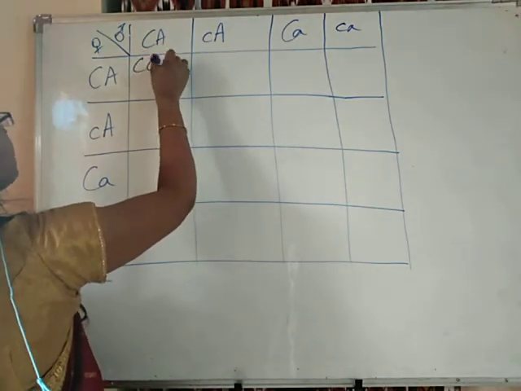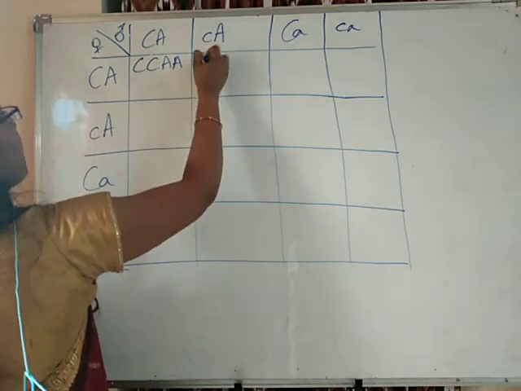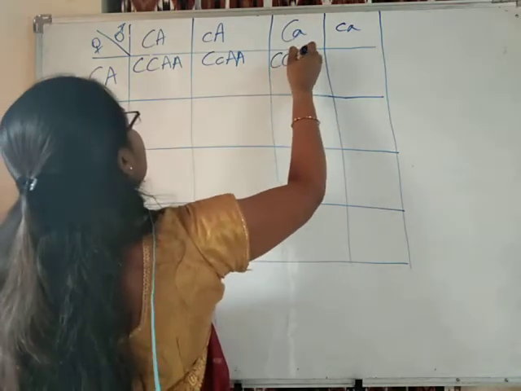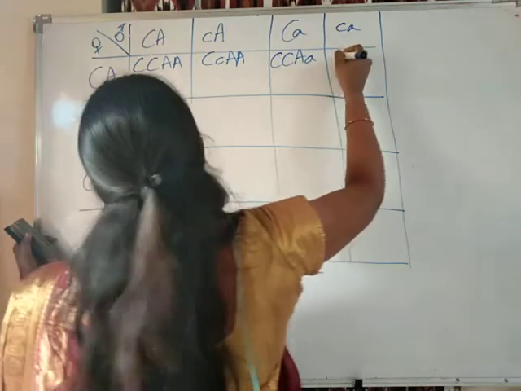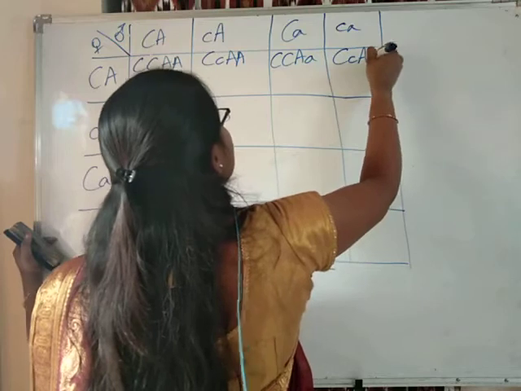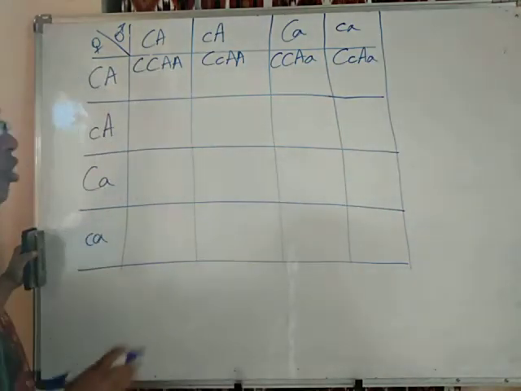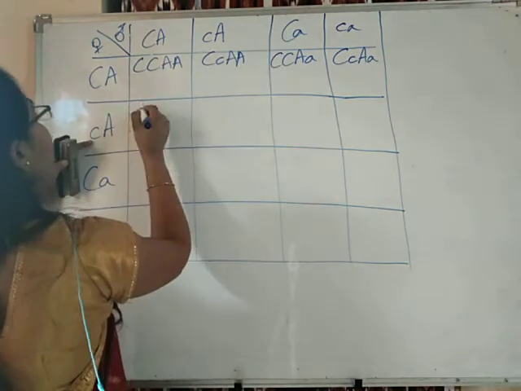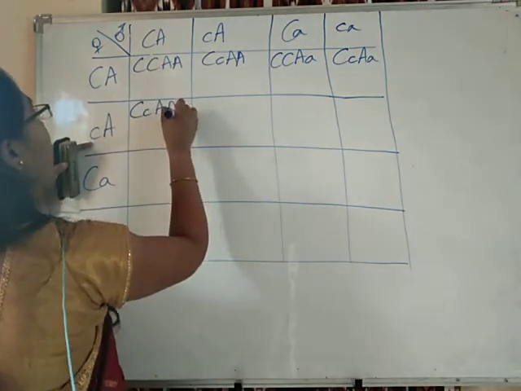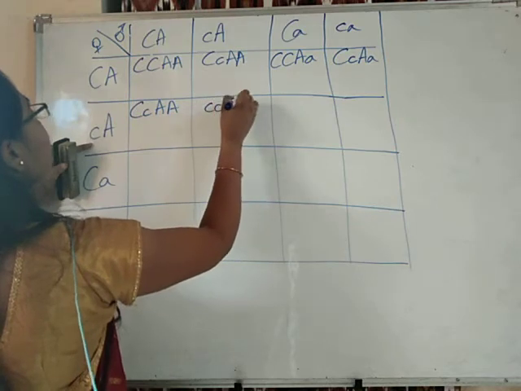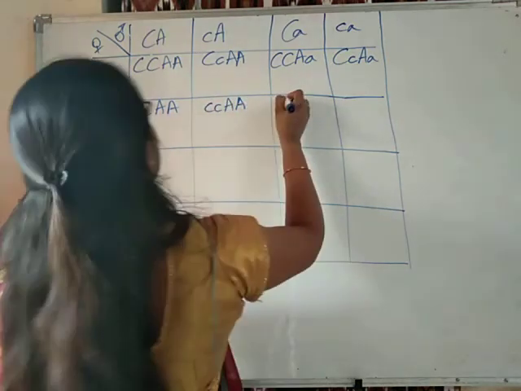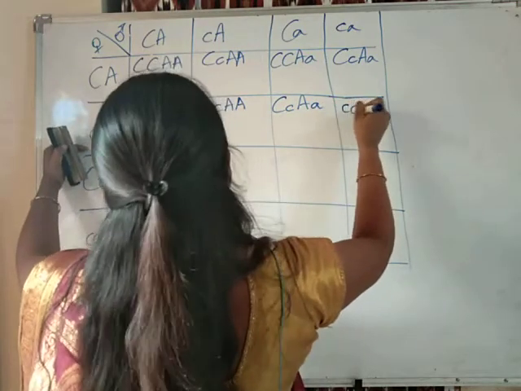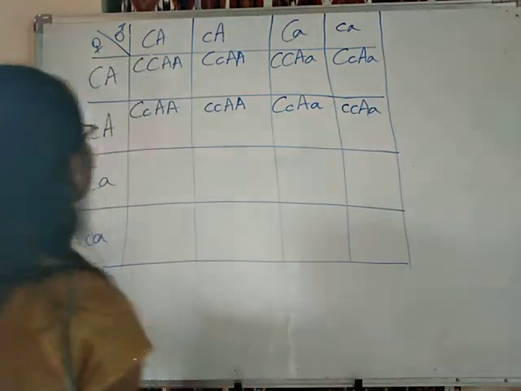Let us first write all the genotypes, with all four types of gametes: capital C, capital C, capital A, capital A, capital C, small c, capital A, capital A, and so on.